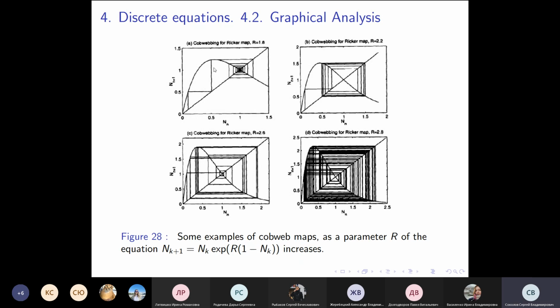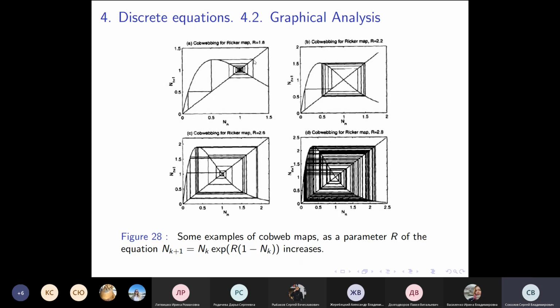The same, we draw a line. We see something like 1.2. We draw the next line, and these are n0, n1, n2. Next is the same. We draw a vertical line.